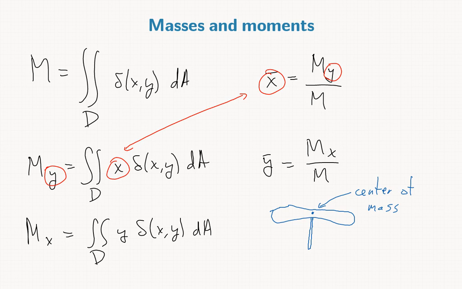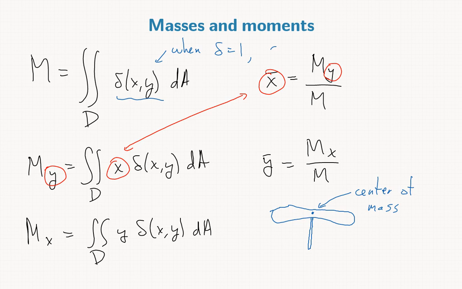And when the density is constant at 1, so we're not really taking into account the density or mass, we're just calculating, it's only dependent on the shape.